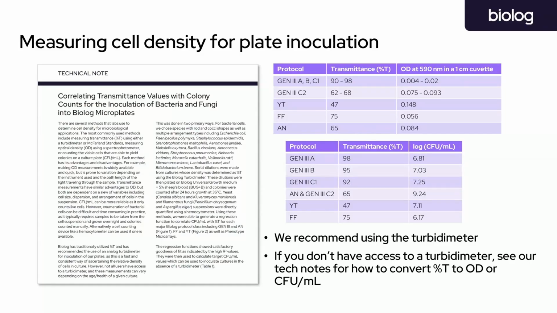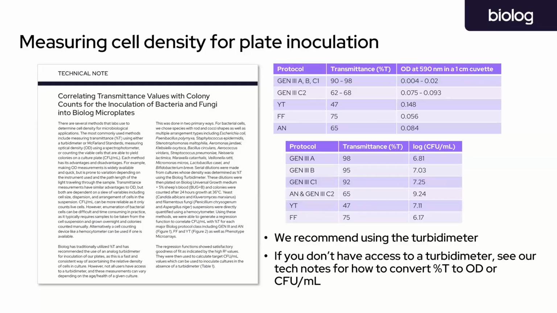Yeah, so we recognize that there are people out there that don't want the turbidimeter, or maybe theirs is not operable at the moment, or something happens that you want to use some other metric other than transmittance for your cell density measurements. And so we have a couple of helpful technical notes to convert between transmittance and either OD 590 or between transmittance and CFU per mil. And so you can use those values instead to generate your cultures.